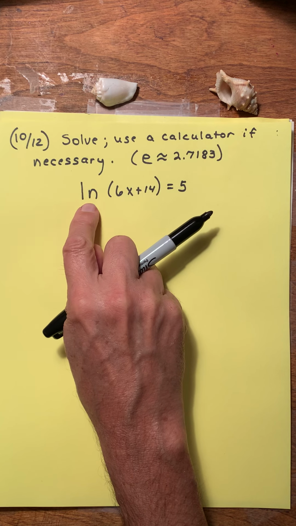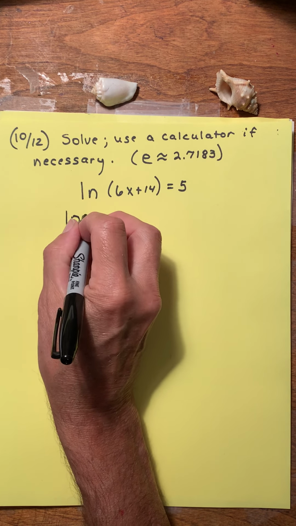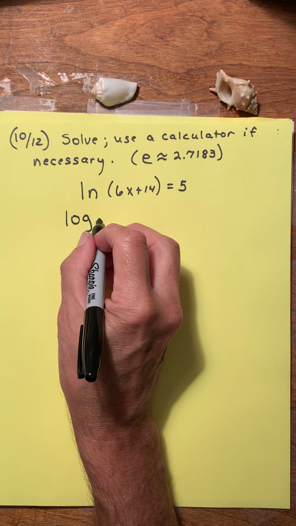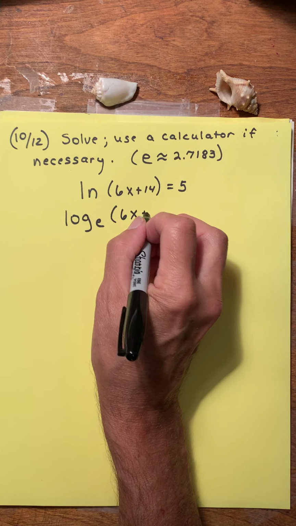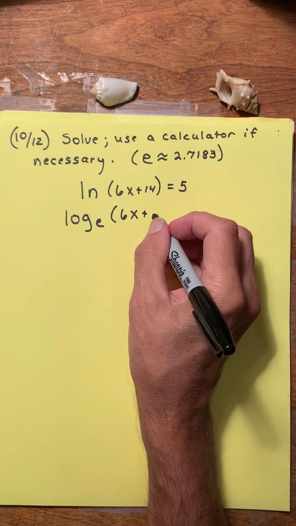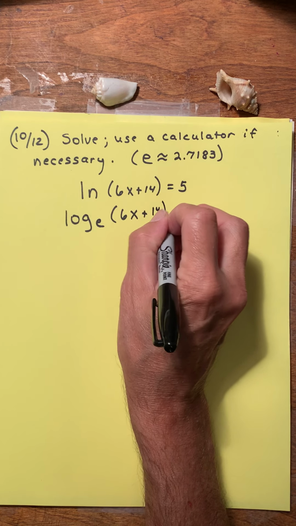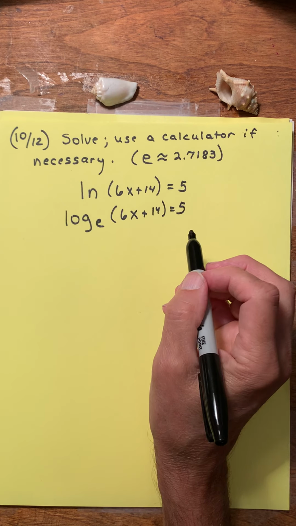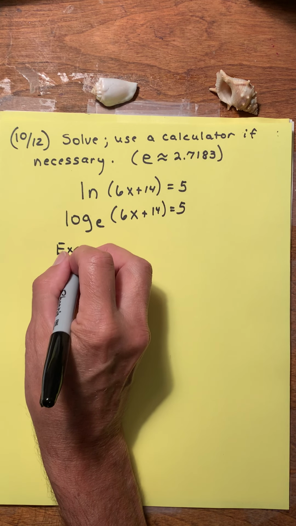Again, let's re-express natural log as log base what? e. Remember, log is log base 10. Ln is log base e. All right, I do this so I can express it in exponential form.